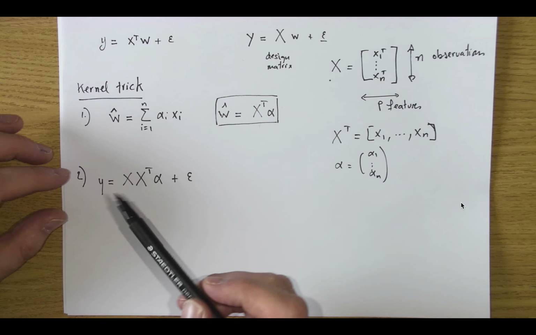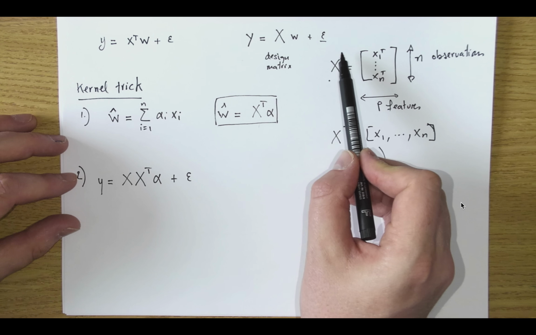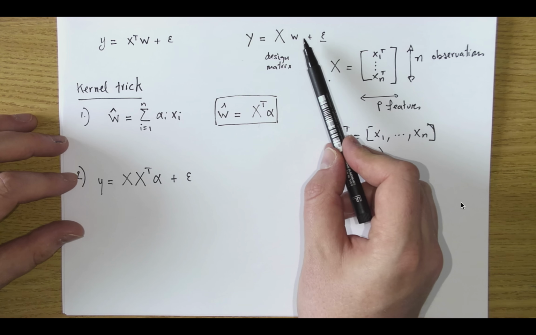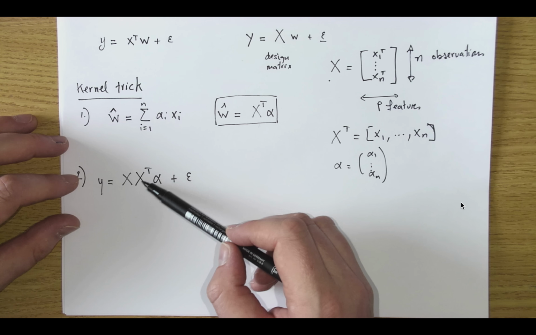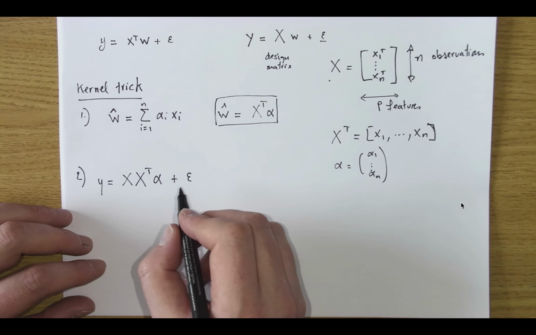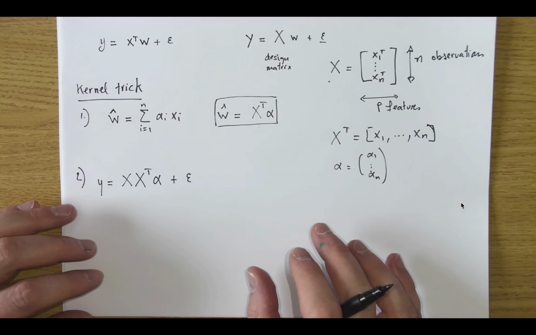So we moved from this linear model and reparameterized the weights W by alpha. Now the name of the game is to find the best value for alpha, and it's not about W anymore.